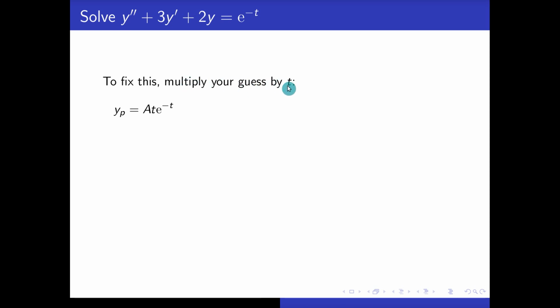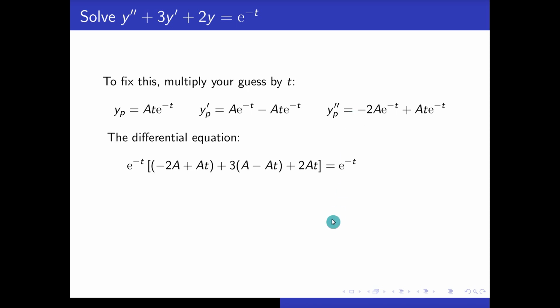To fix that problem, you multiply your guess by t. So if the original guess is homogeneous, then multiply by t to make it not homogeneous. Now we plug that function into the differential equation and solve for a. Are we able to solve in this case now?